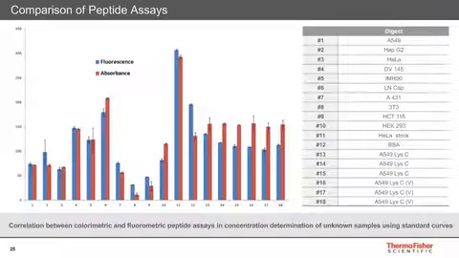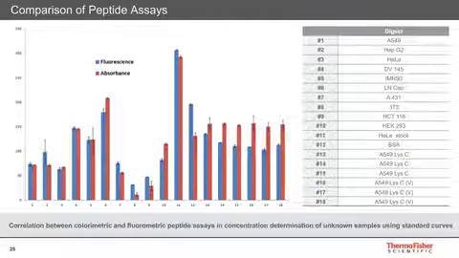Now, bacitracin is also used as an antibiotic. The colorimetric peptide assay also gives us a very nice linear curve when used with increasing concentration of protein digest of protein AG or apotransferrin.